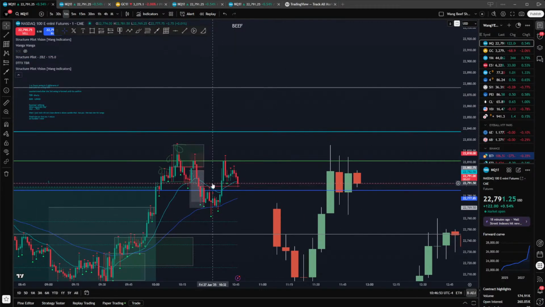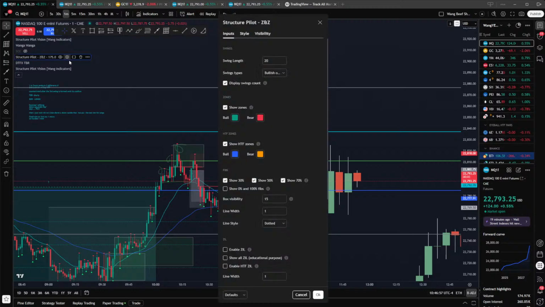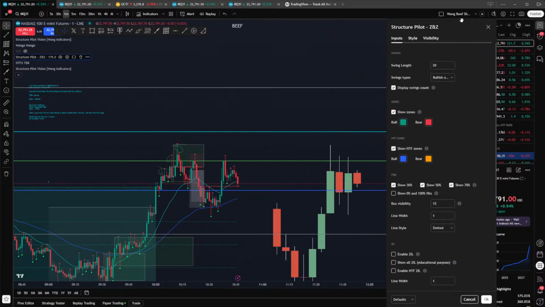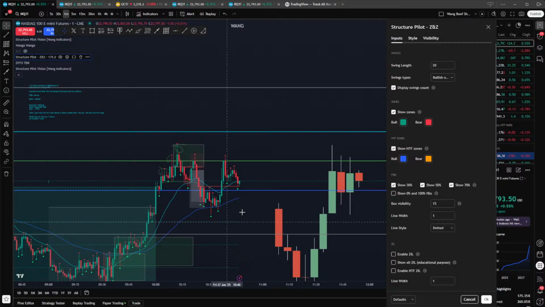Still need a close below this up candle. And then no close.